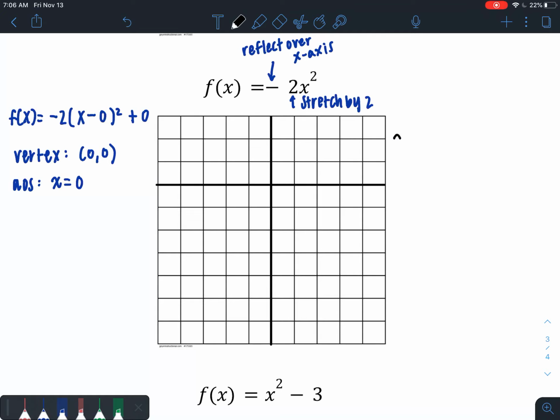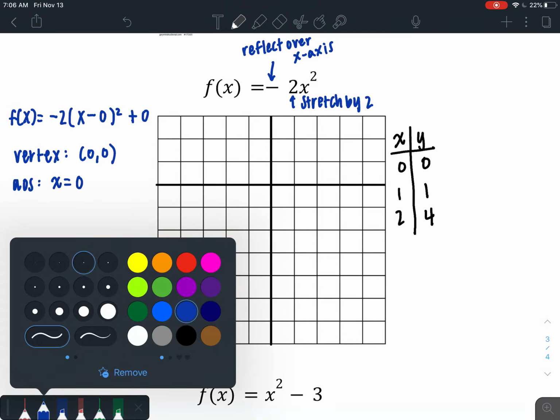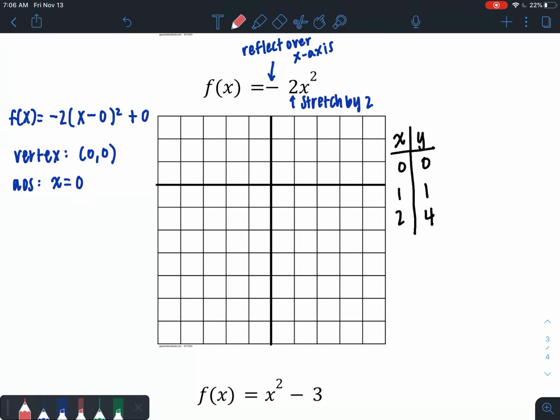Okay. So here's my parent function: 0, 1, 2, 0, 1, 4. Now I need to multiply all of my y values by negative 2.